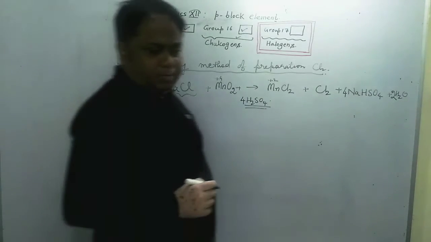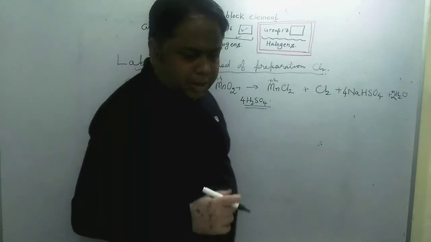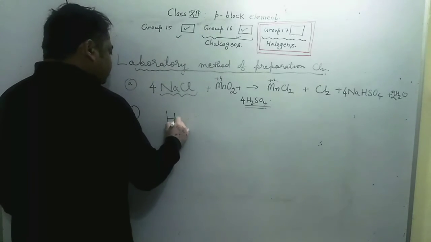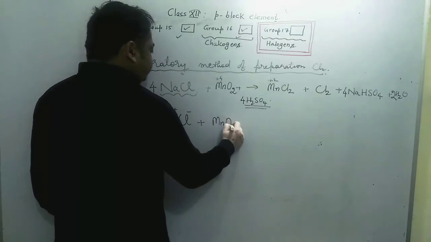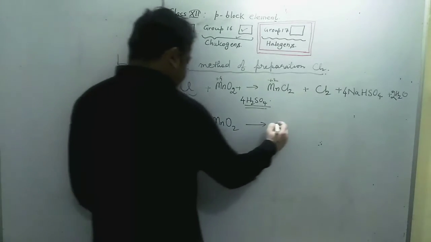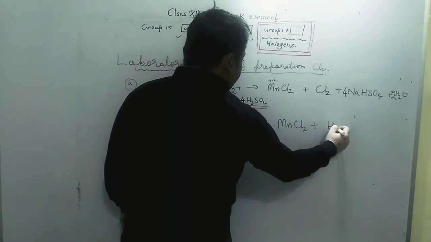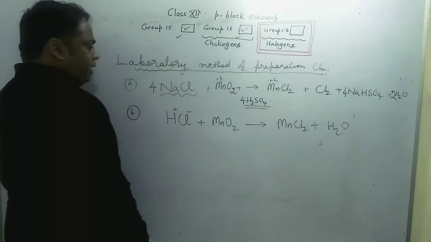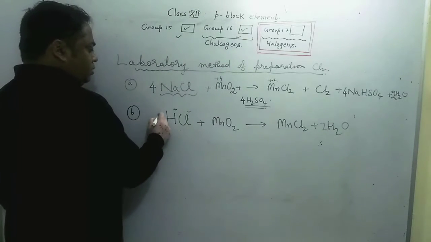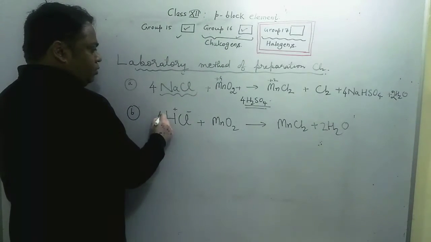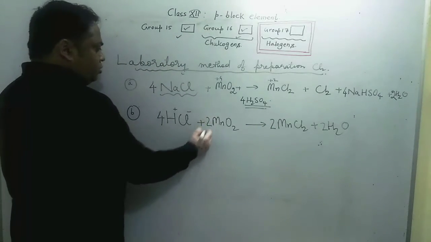Another method could be, we can take HCl also, any chloride we will take, and treat it with MnO2. It will form MnCl2 and H2O. We'll balance it. 2 and 4 and 2, then 2.